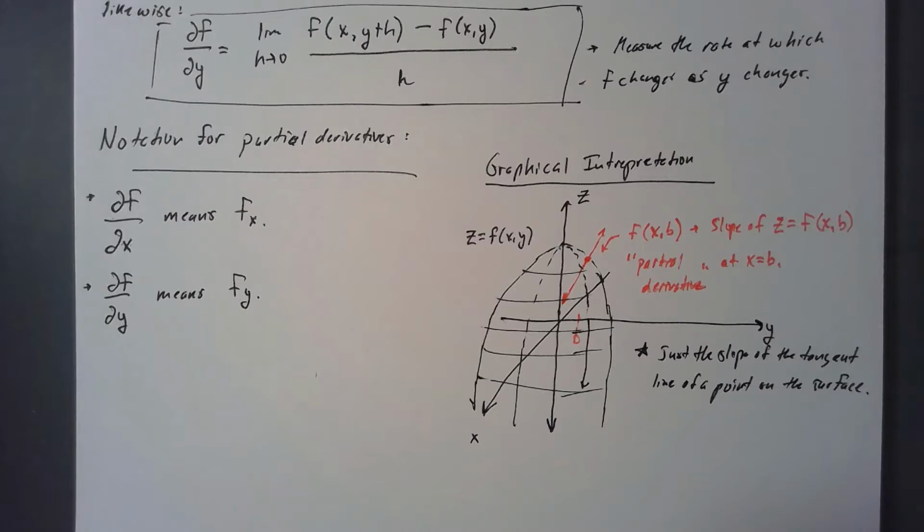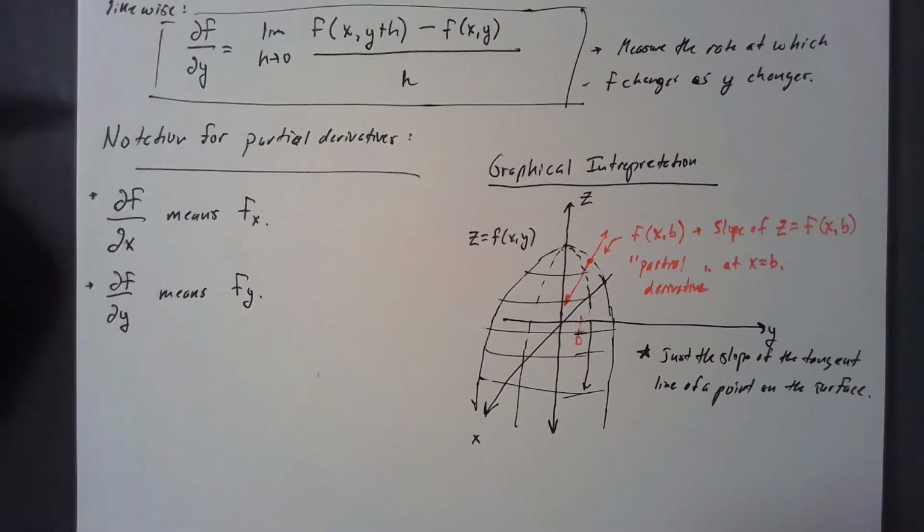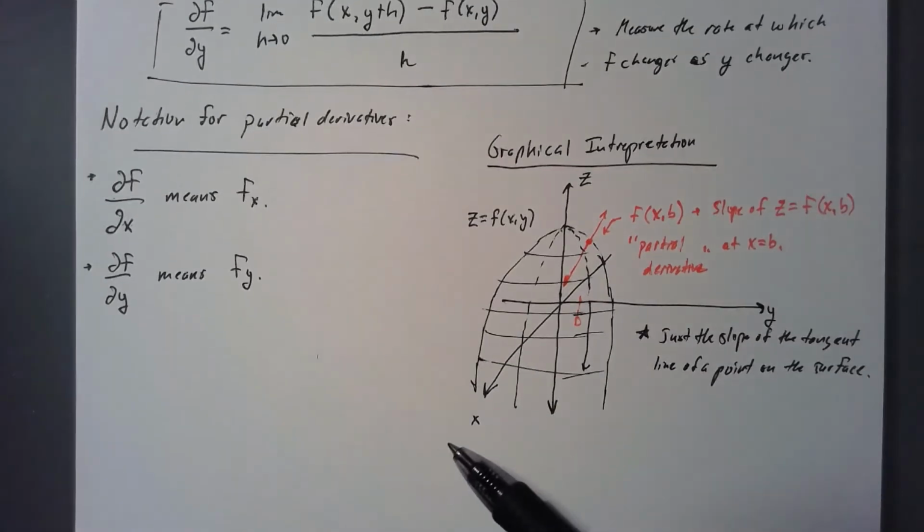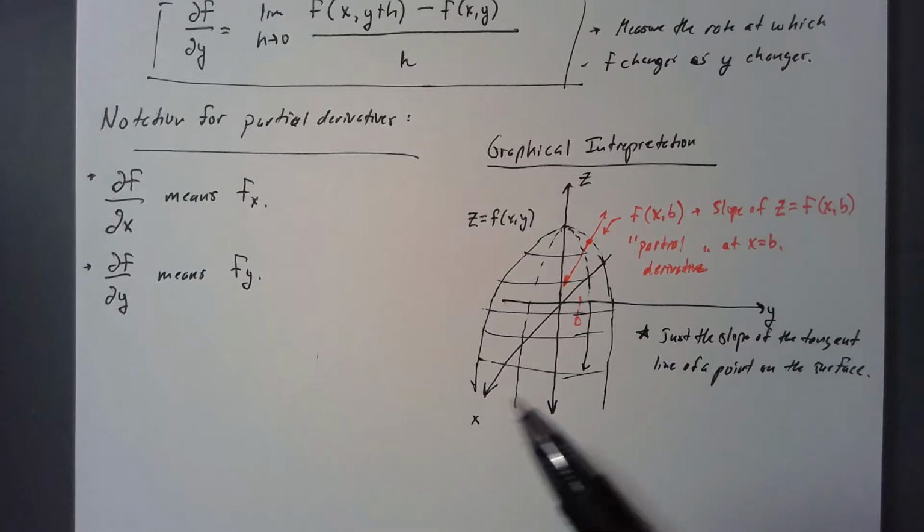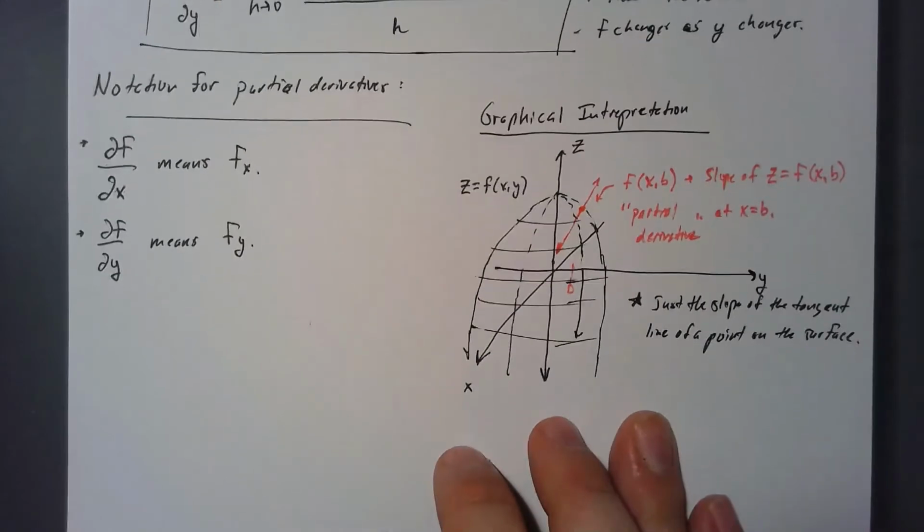And when it comes to computing these things, there's really not much complication with it. It's pretty straightforward. The idea behind it is you take the derivative of one variable while holding the other variable constant. That's it.